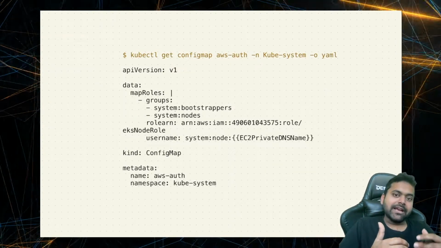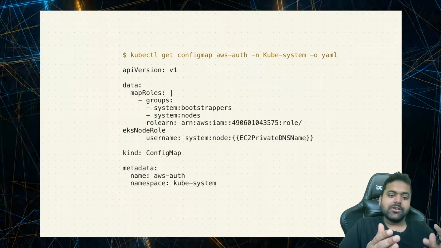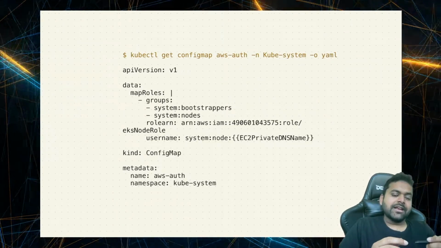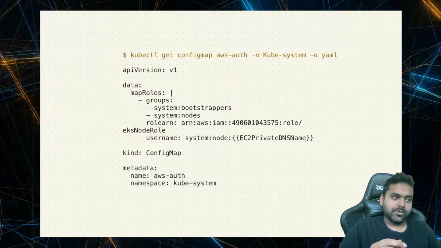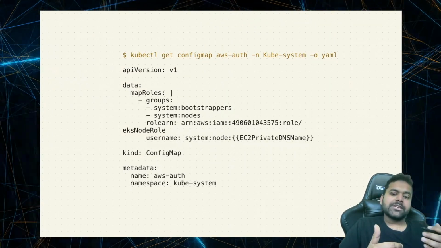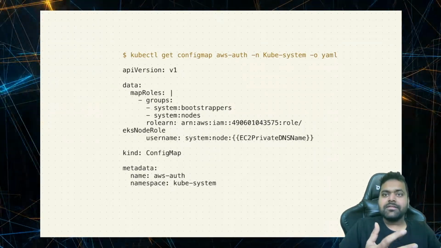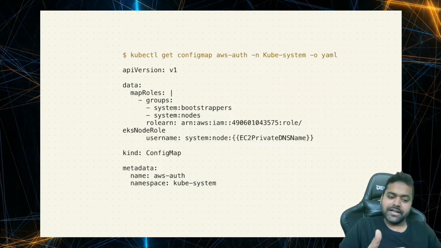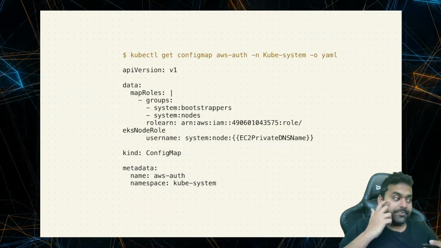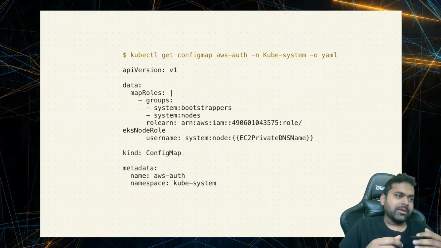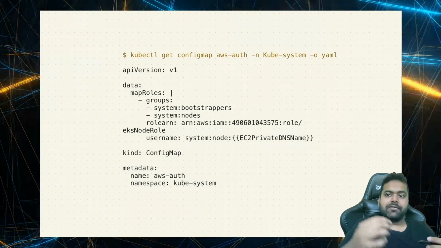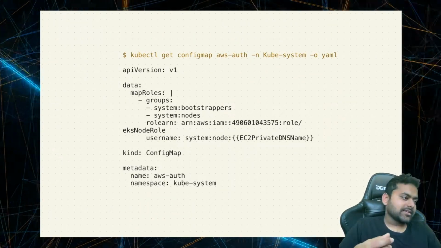As soon as I created a node group and the nodes were trying to join the cluster, I saw this config map was populated. But if we are provisioning the cluster programmatically, it's worth creating this config map manually and managing it via code, right?